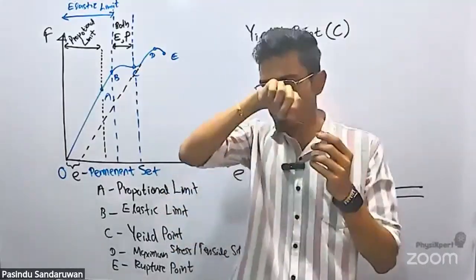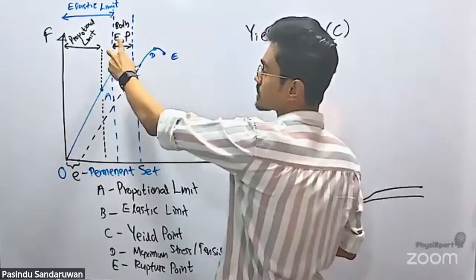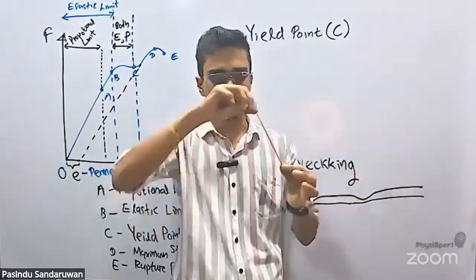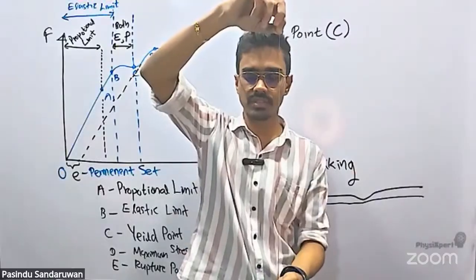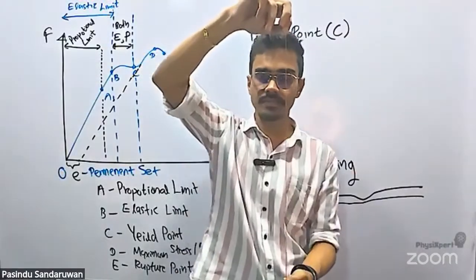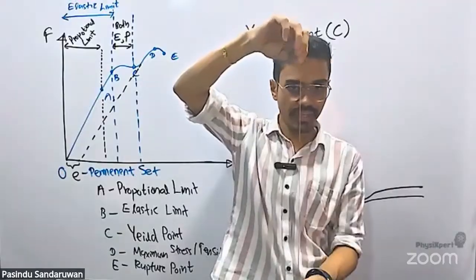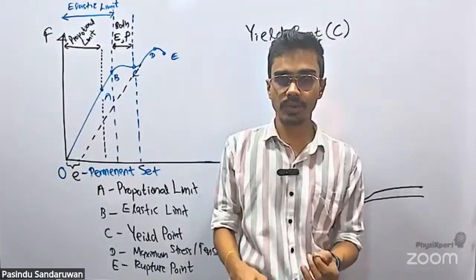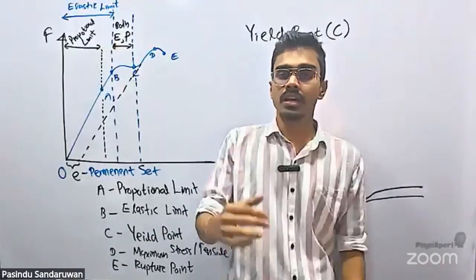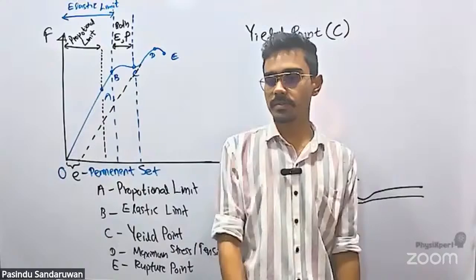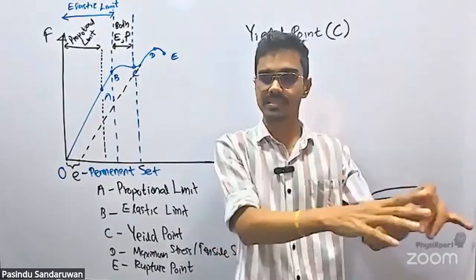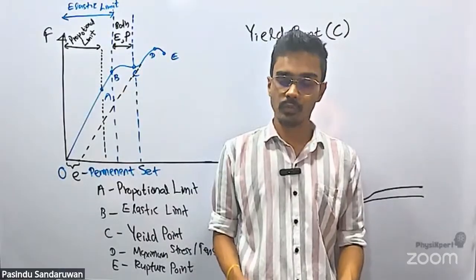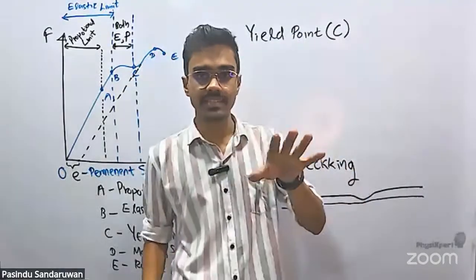Okay, listen, this is the idea. Now I told you between B and C, both elastic and plastic properties are there. So when we keep increasing the force, there is a certain point beyond which the material does not even start to come back. It will stay there as it is, which means its elastic properties are totally gone.